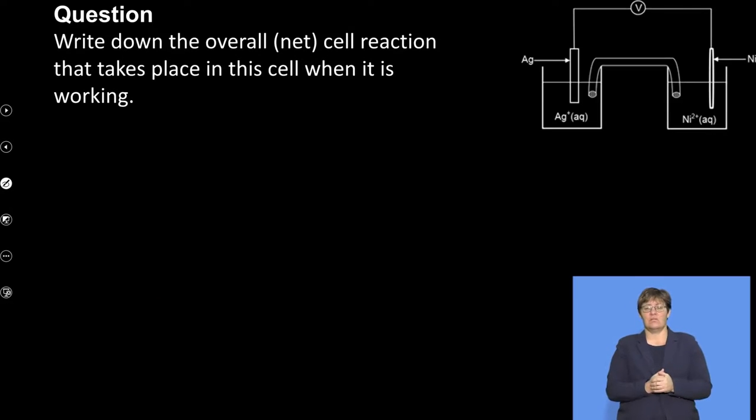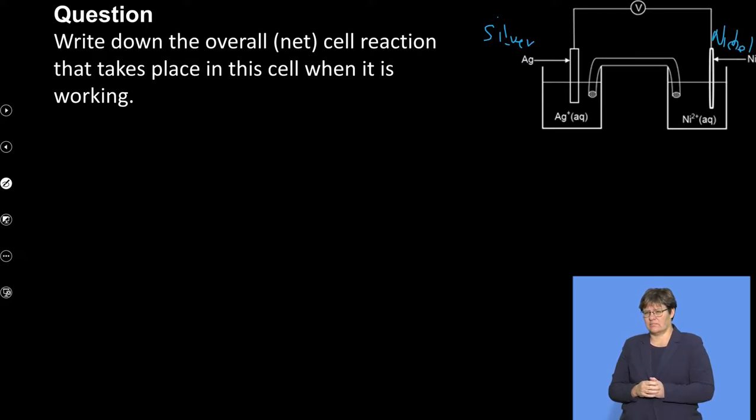Next question. Write down the overall net reaction that takes place in the cell when it is working. So we need to be able to identify what's going on here. We've got a silver half cell and we've got a nickel half cell.